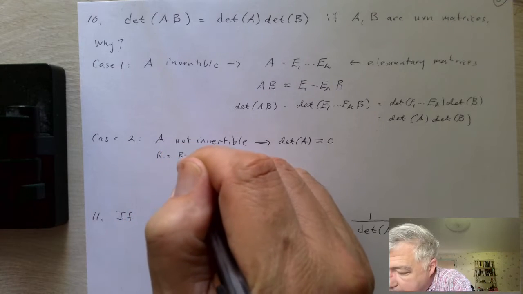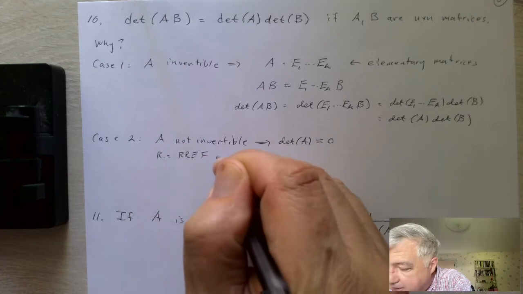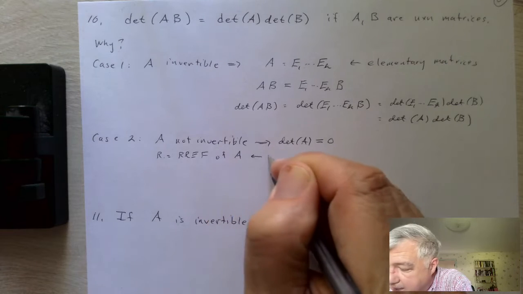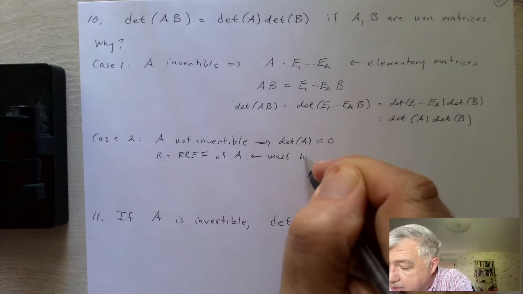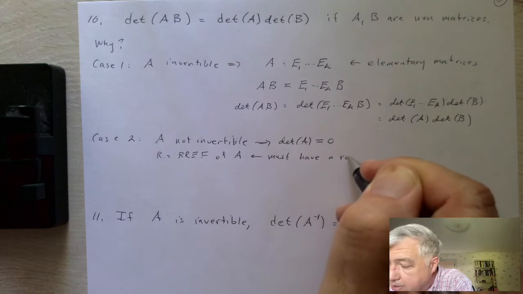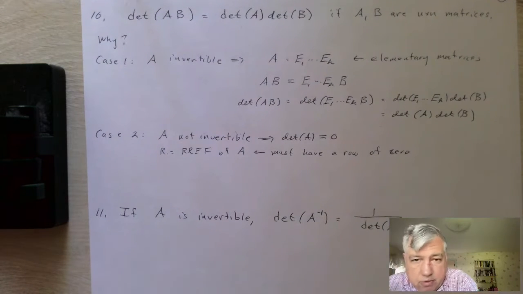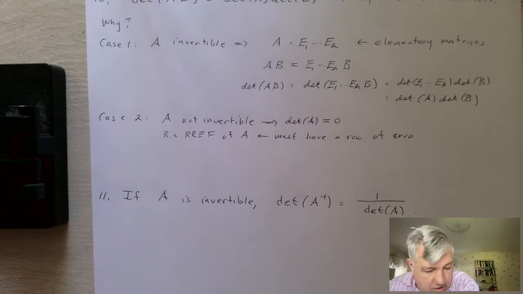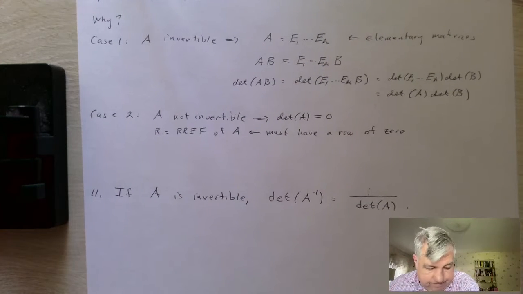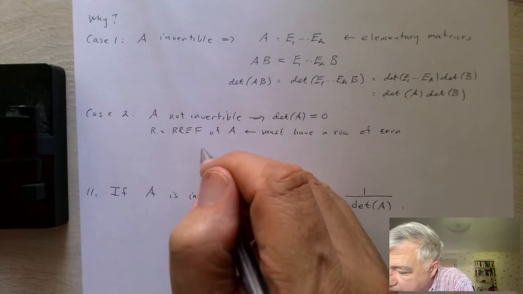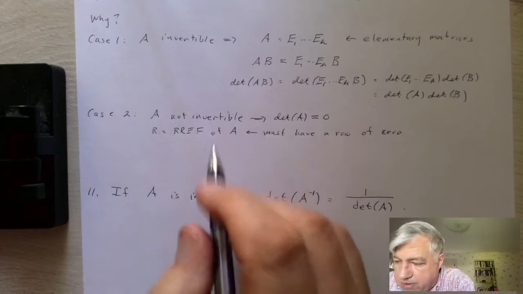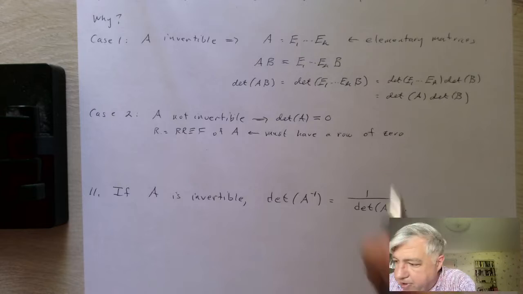So if R is the reduced row echelon form of A, this must have a row of zeros. Otherwise, it's full rank. Its rank is n, and that means A is invertible. And so once again, the reduced row echelon form is obtained by elementary row operations.